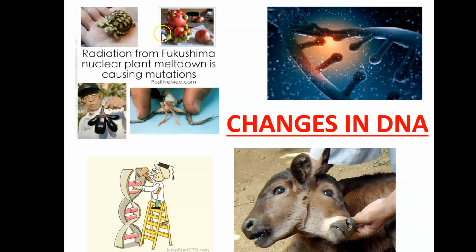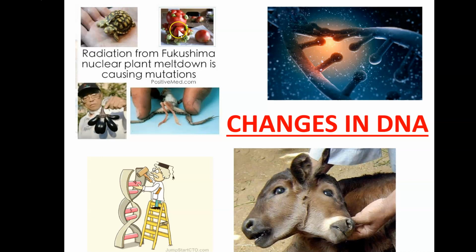And these are just pictures of what the mutations have caused. So you can see that that's an eggplant, but it has 1, 2, 3, 4 different lobes on that one eggplant. And then this is a frog, which has, I don't know, 2 extra legs, and I think this turtle over here has some weird extra growth on its shell.